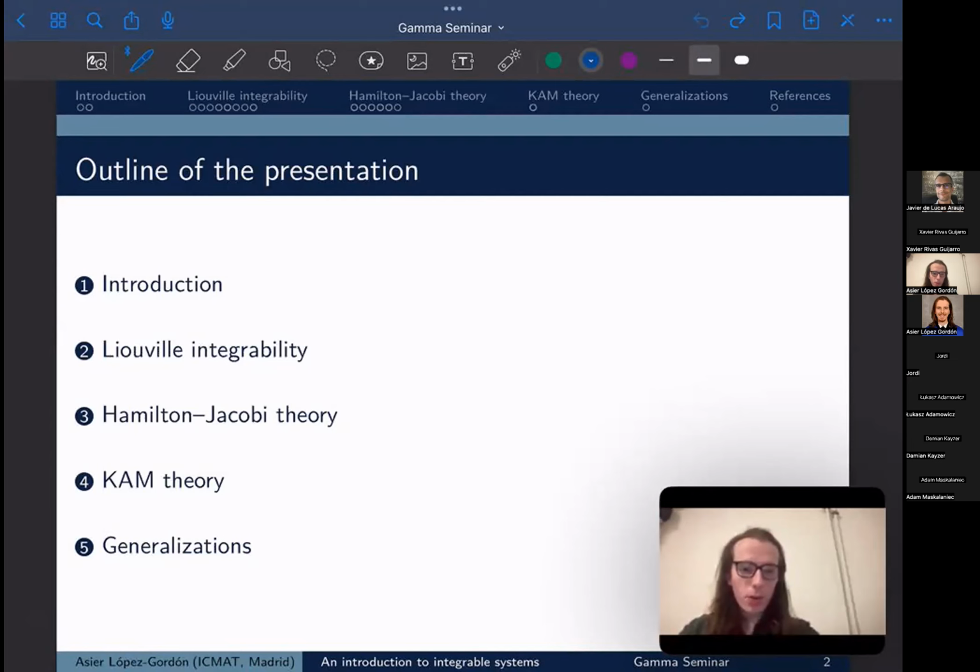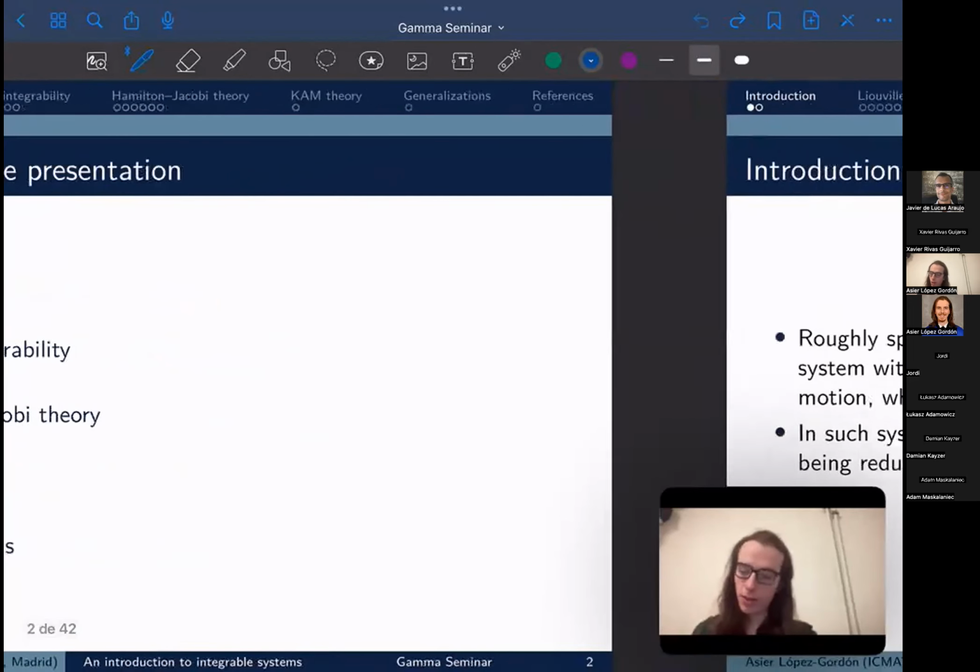Then I will talk about the Hamilton-Jacobi equation and how this can be used for obtaining action angle coordinates. After that, I will talk very briefly about Kolmogorov-Arnold-Moser theory. And finally, I will sketch some generalizations of these results that can be done in other contexts.